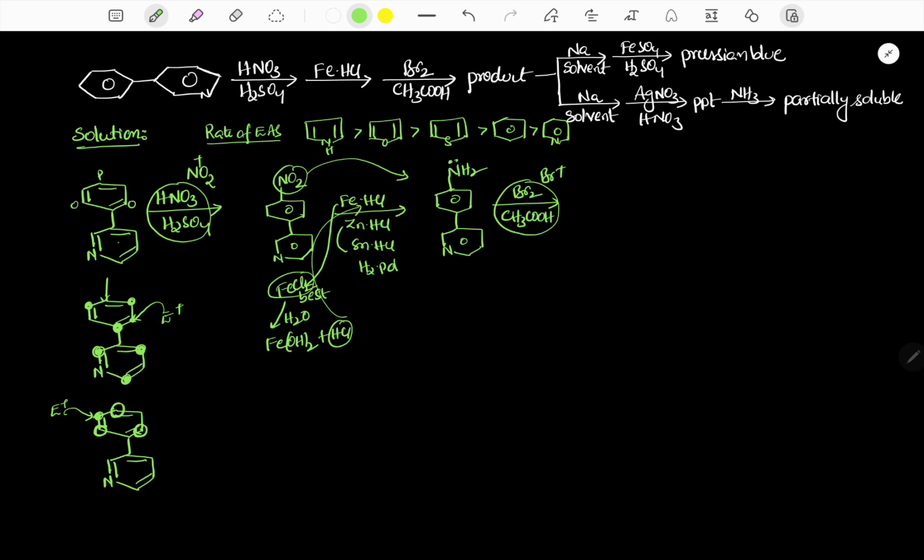Now here the NH2 group is there, so it is an ortho-para directing group and strongly activating group. With respect to this one, the para position is blocked, only the ortho position is left. Therefore the electrophile majorly attacks at the ortho position. It is our final product.